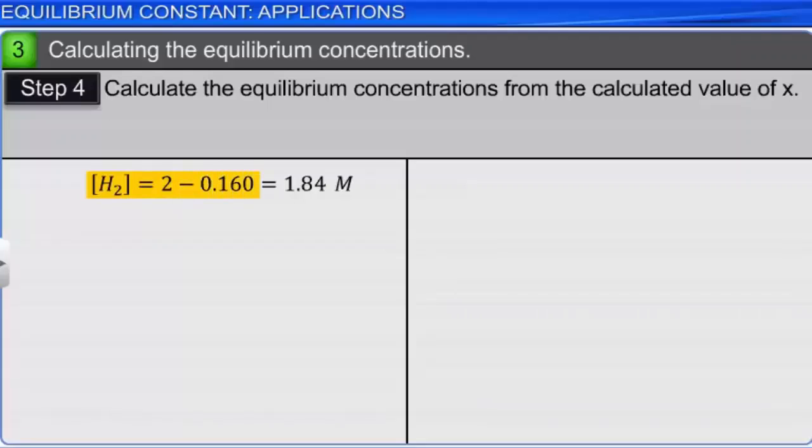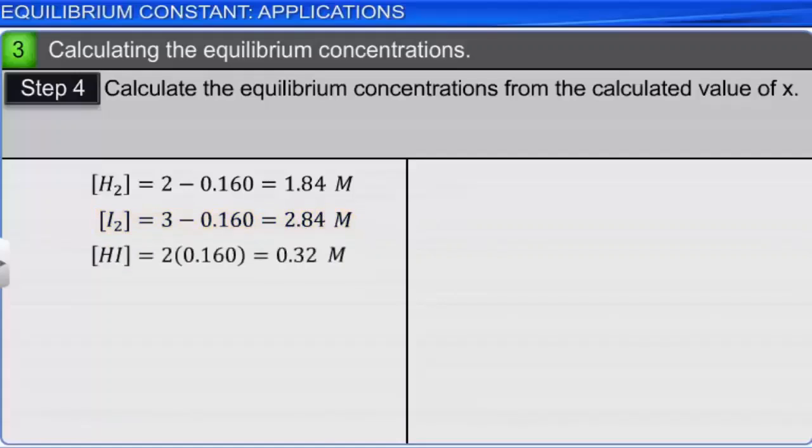In the case of iodine, the initial number of moles were 3, and hence, the equilibrium concentration would be 3 - 0.160. This is equal to 2.84 moles per liter. And finally, the equilibrium concentration of hydrogen iodide will be equal to 2 × 0.160. This is equal to 0.32 moles per liter.